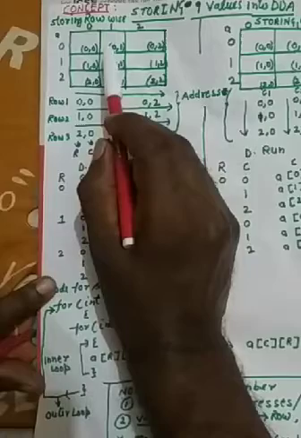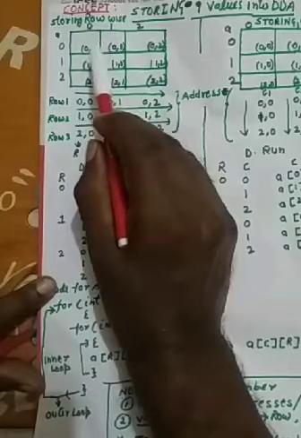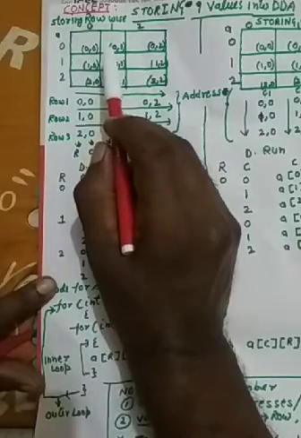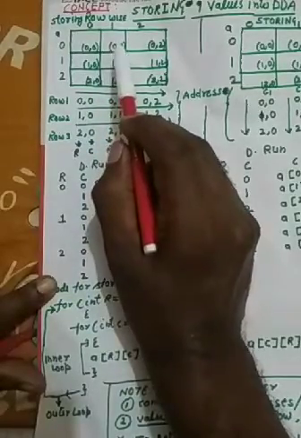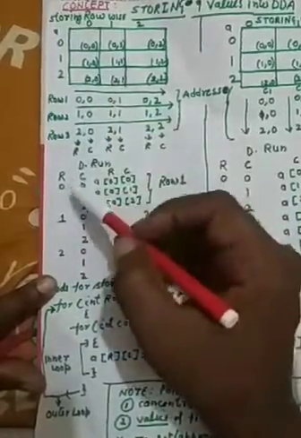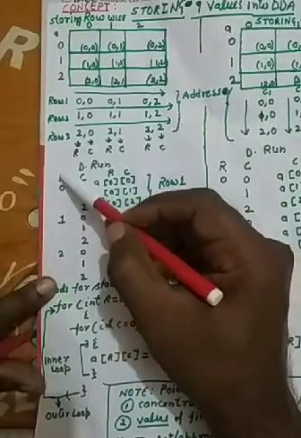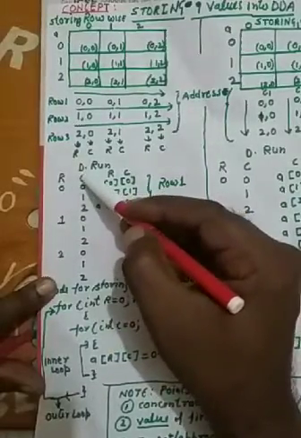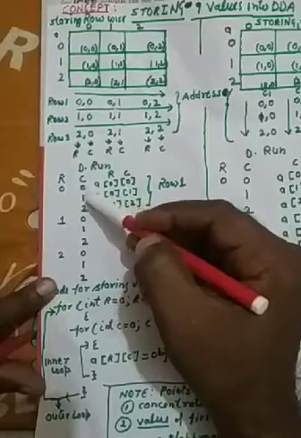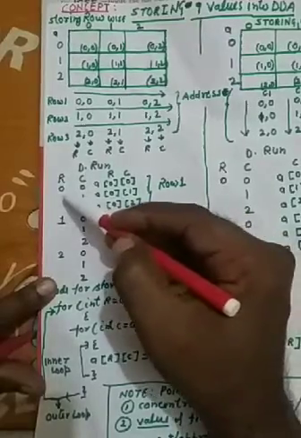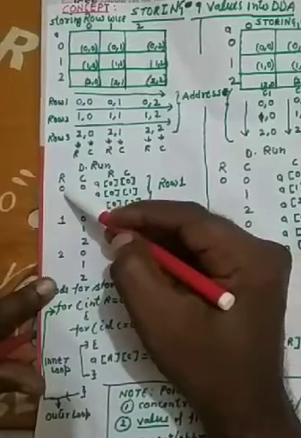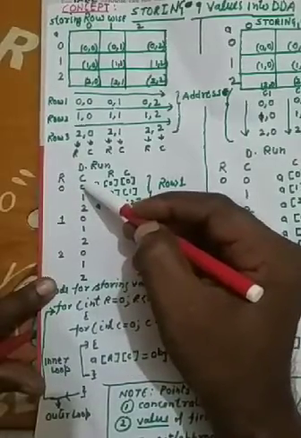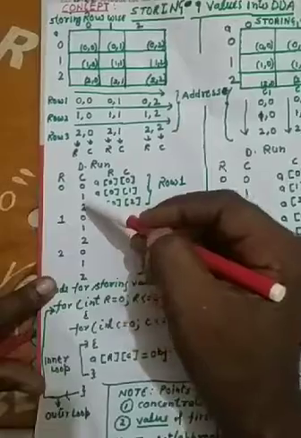If we take 0 for the outer loop, the inner loop values will execute 0, 1, 2. For outer loop 1, the inner loop runs 0, 1, 2.